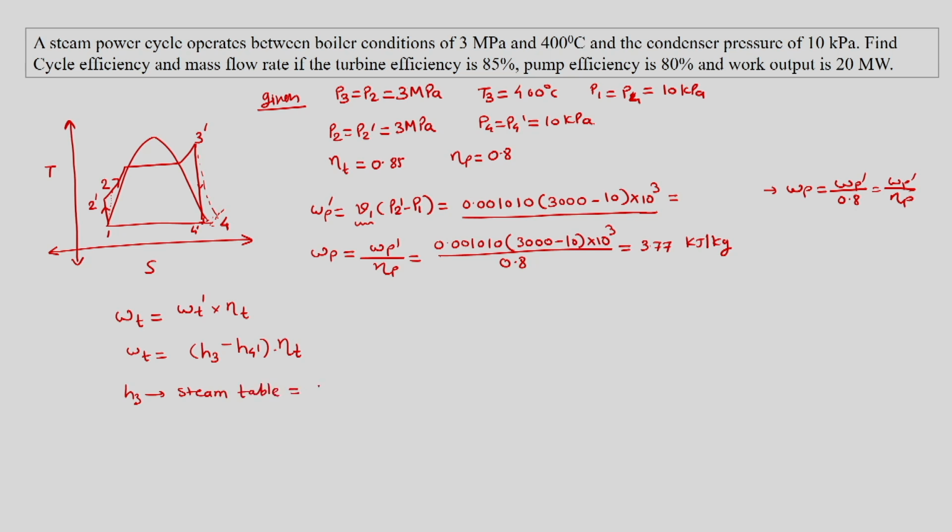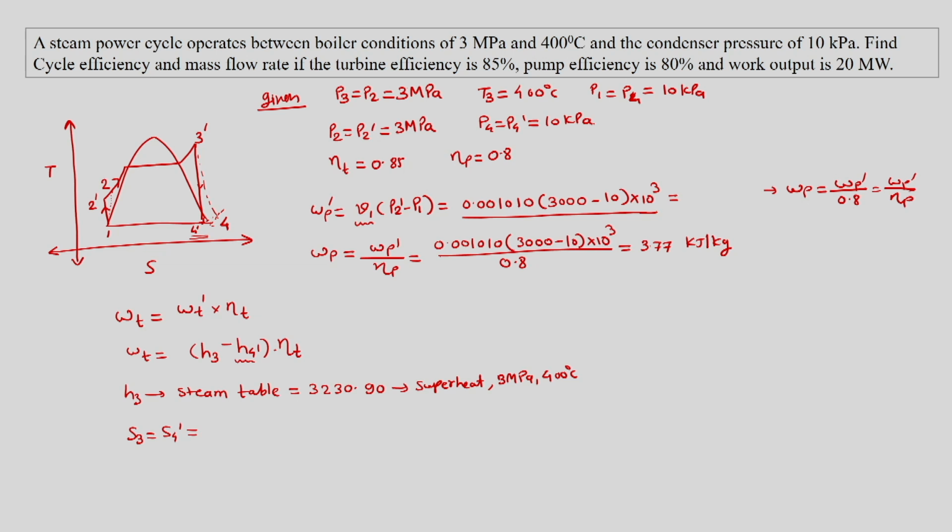This turns out to be 3230.9, in the superheated part corresponding to 3 megapascal and 400 degrees Celsius. Now we need to find out H4', but H4' is inside the dome, so we don't know the wetness or the dryness fraction. For that, S3 is equal to S4'.